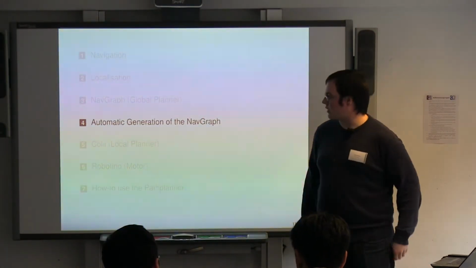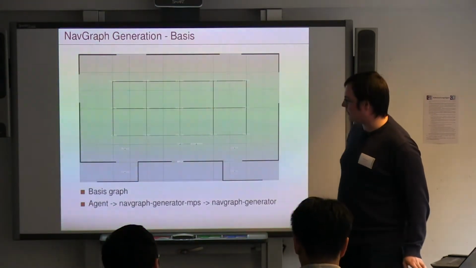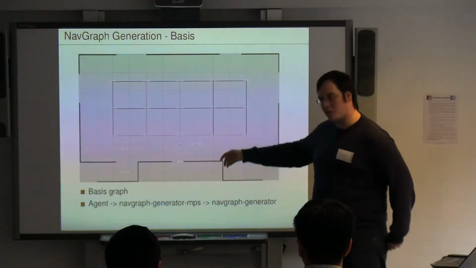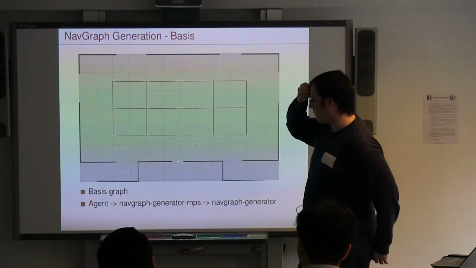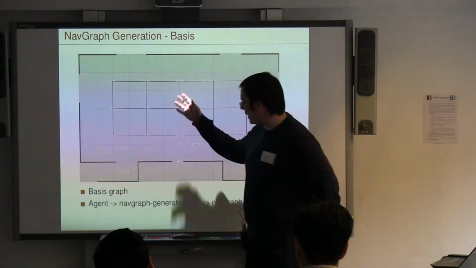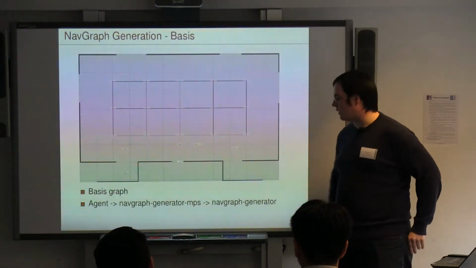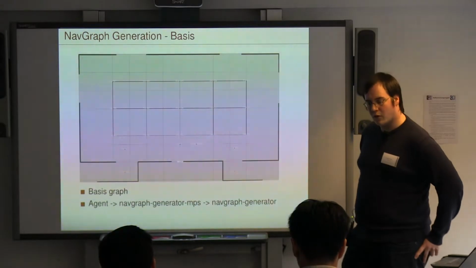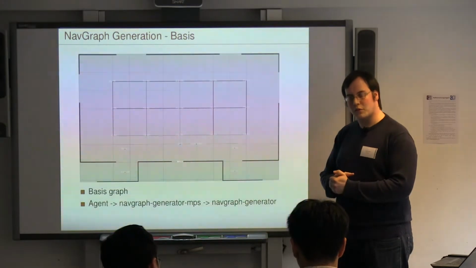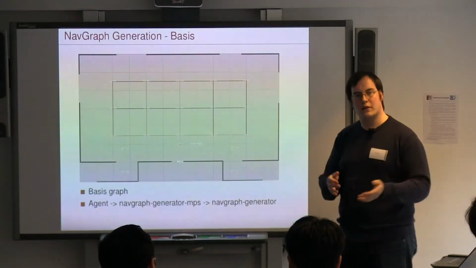That is the automatic generation of the graph. As I said, that is the basis, and during the exploration we drive around and try to find the MPSs. And if an MPS is found, then it's added. We have an agent, which then calls a plugin called NavGraph Generator MPS, which generates for these detected MPSs the input and output points, and also the points of the actual machine, where the properties that I talked about are stored.